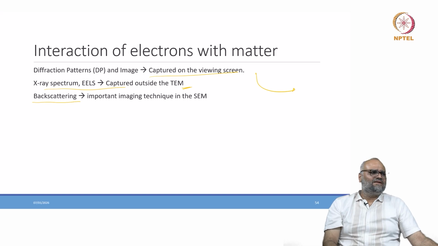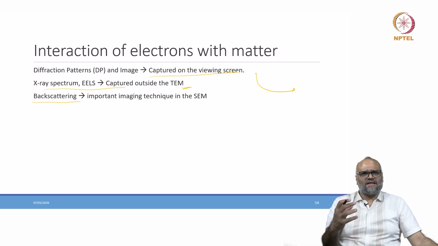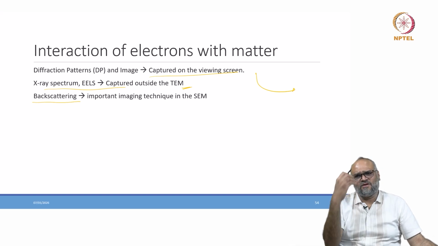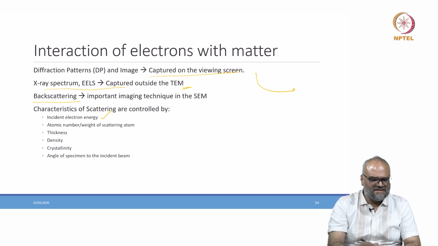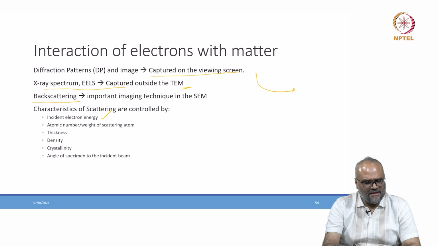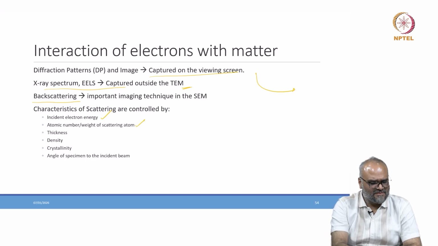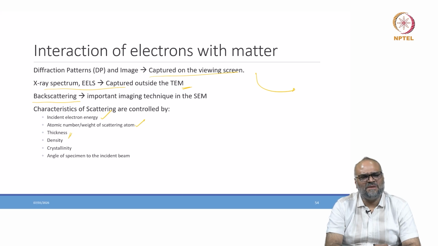If I define the characteristics of scattering when an electron beam interacts with a specimen, you can control the scattering by the energy of the incident electron beam, the atomic number or the weight of the scattering atom, thickness plays a major role, density, crystallinity, and the angle of the specimen to the incident beam.